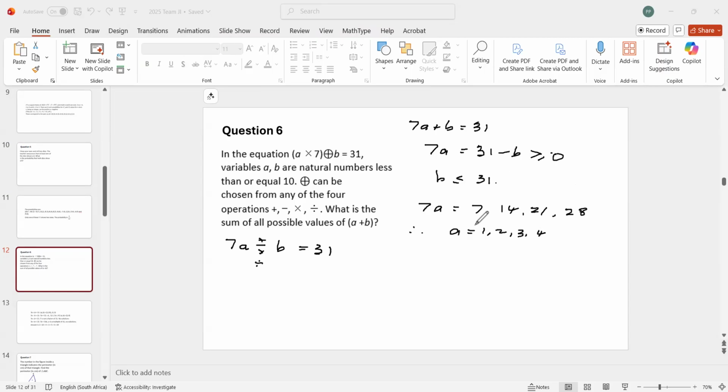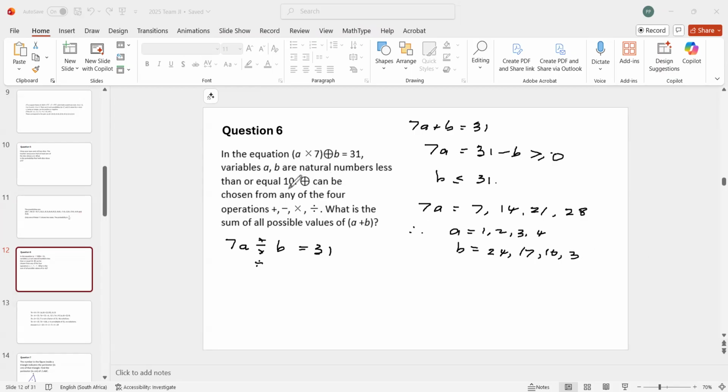Right? And for those values, A equals 1, B is equal to 24. So that's a problem. Right. A is 1, then B is 31 minus 7, which is 24. And I think if A is 2, B is 17. Okay, you can calculate all these things.